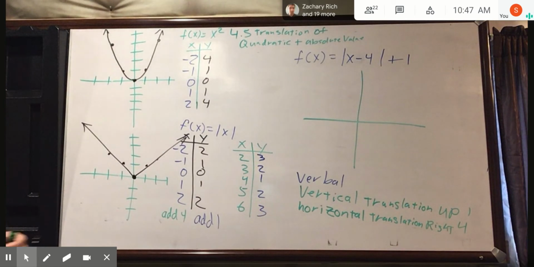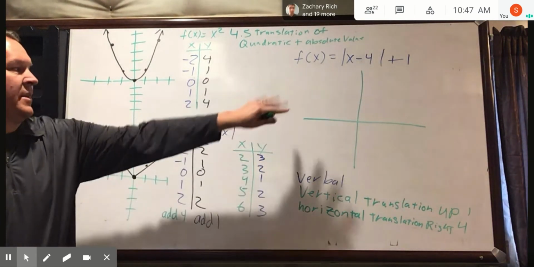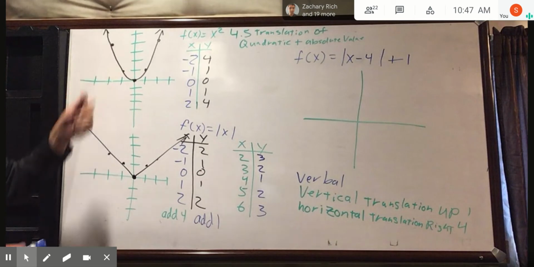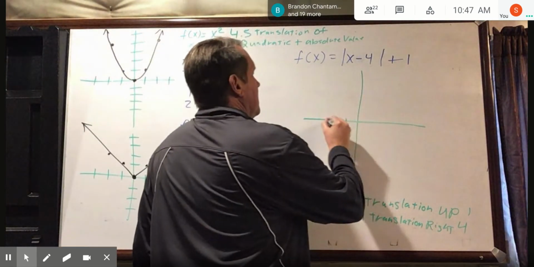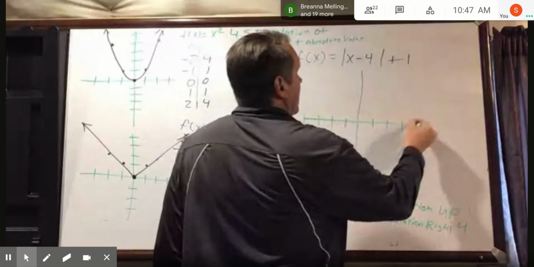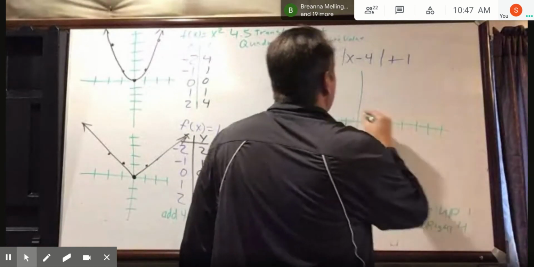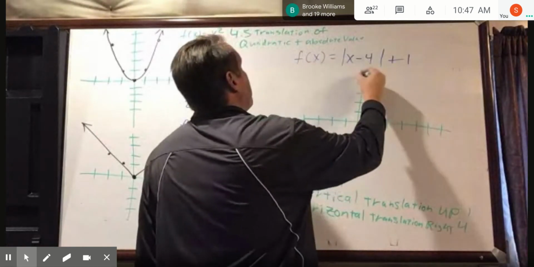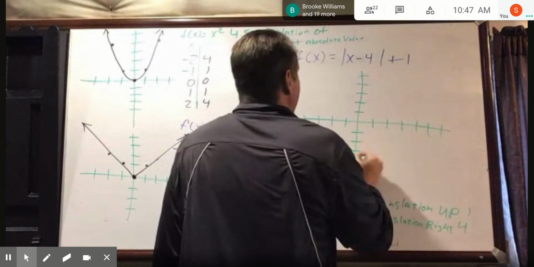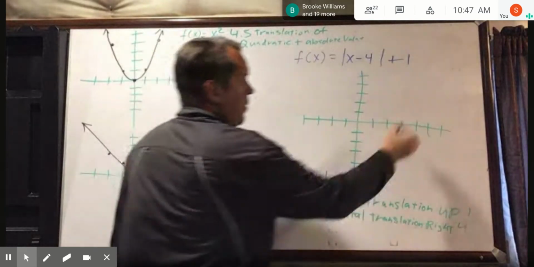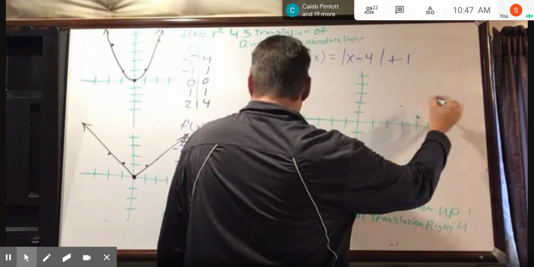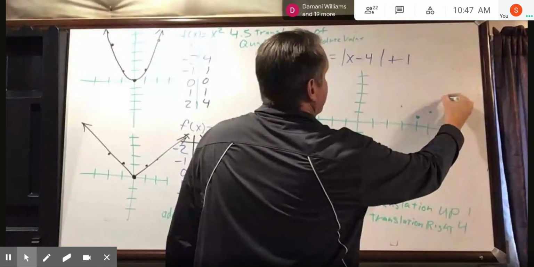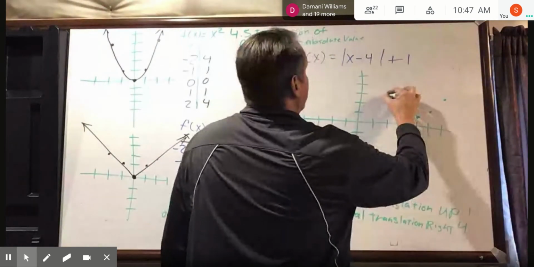Some people prefer to do this and then take these points and put them on the graph, doing the exact opposite of what we did in the other problem. I have 4, 1, 5, 2, 3, 2, 6, 3, 2, 3.